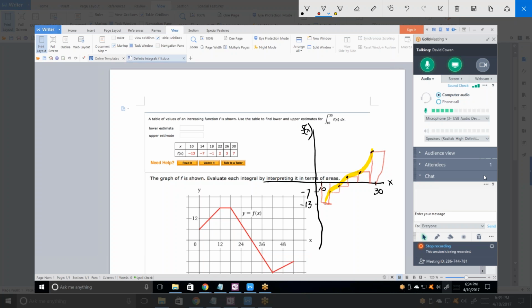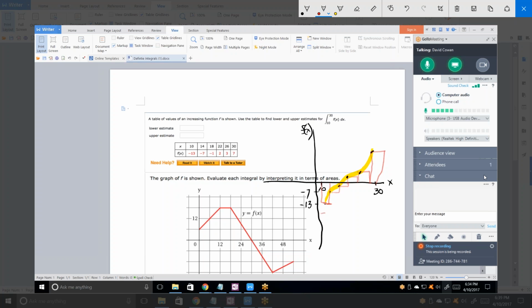So let's figure out what our lower estimate of this area is. And remember, all area is negative if it's below the x-axis. So this first one is 4 units wide and 13 units deep.